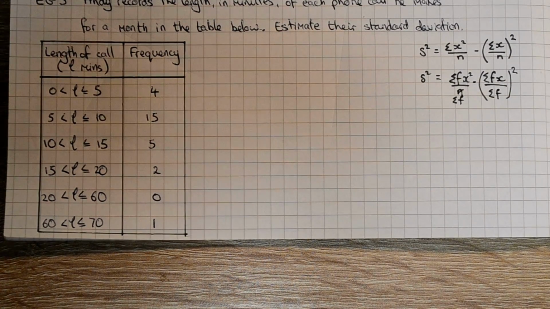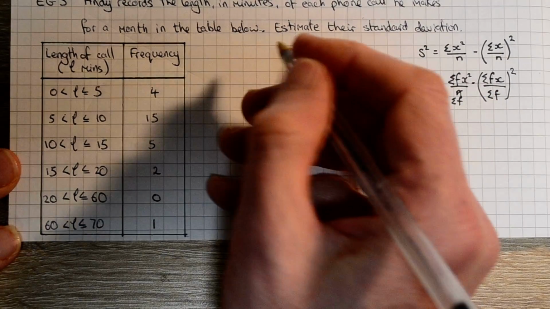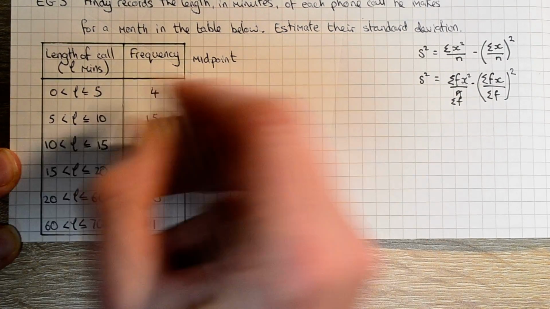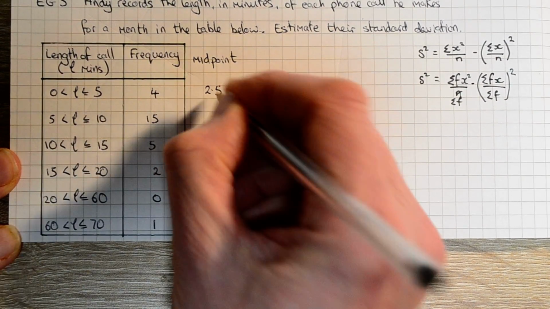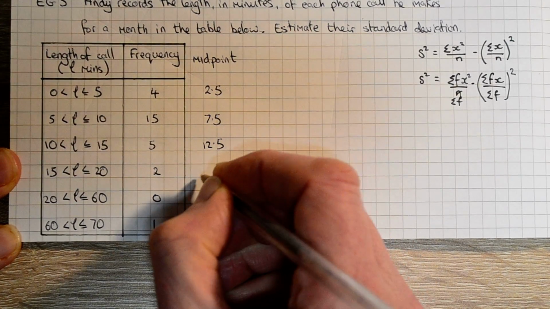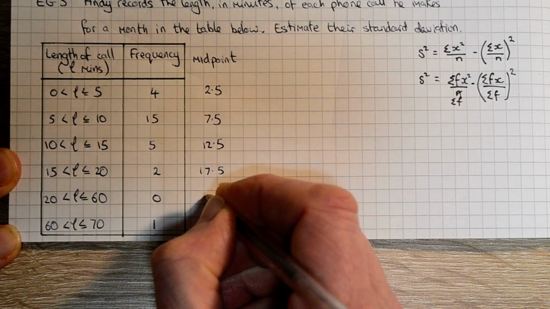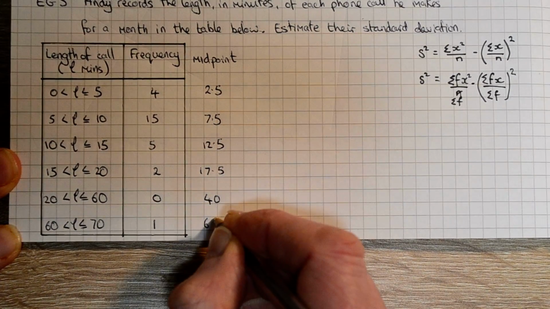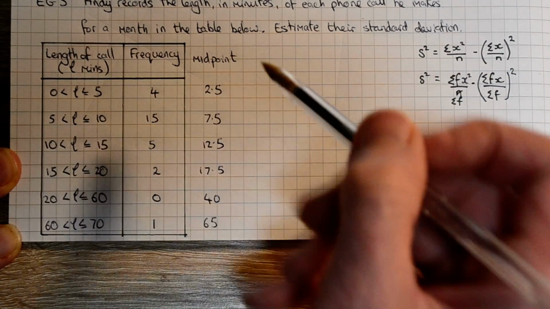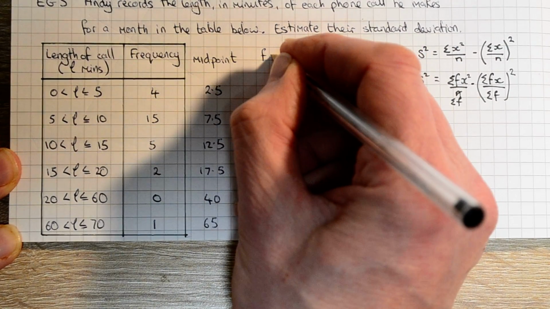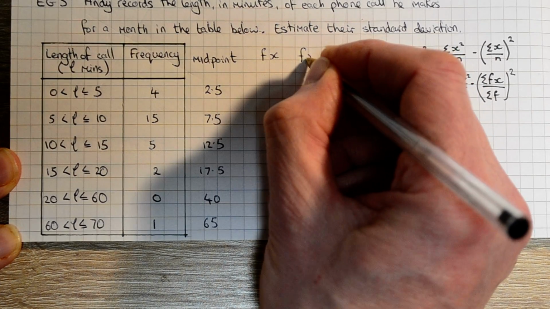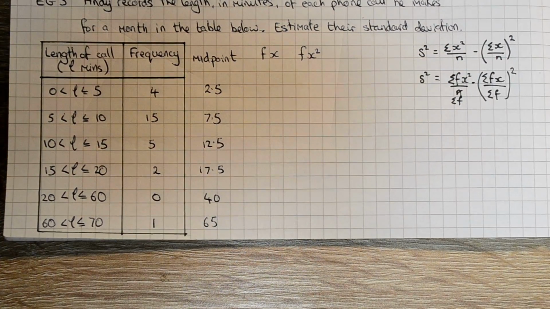So first of all, to do our product of frequency times x, we need the midpoint for each group. Then we're going to multiply the frequency times the midpoint, so that's f times x, and then we're going to also multiply the frequency times the data value squared, so the midpoint squared.